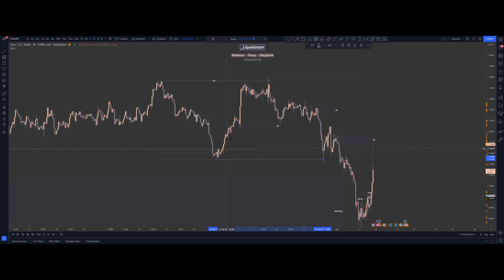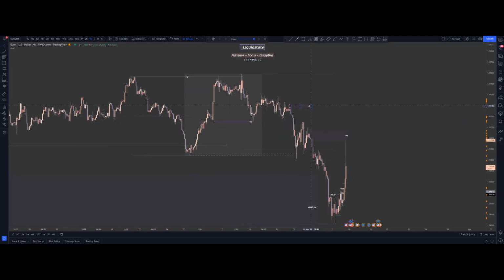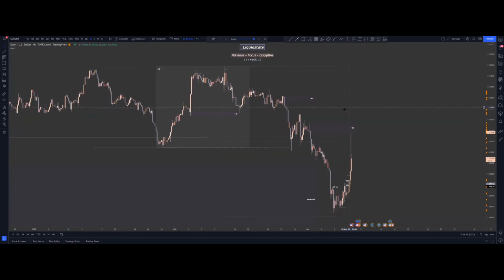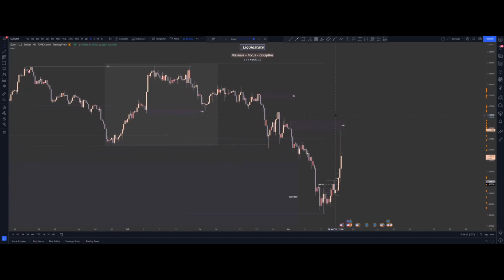The last reaction to the demand of this whole range was basically this, which gets swept by this, and then after that is basically this up here. So I could see us coming up here for sure. I don't know if we will, but I think this is a decent area for the rest of my TP.